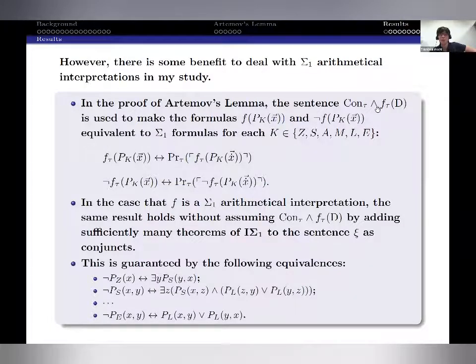That is, from this assumption, we have that f_τ(p_k) is equivalent to the probability of f_τ(p_k), and the negation of f_τ(p_k) is equivalent to the probability of the negation of f_τ(p_k).